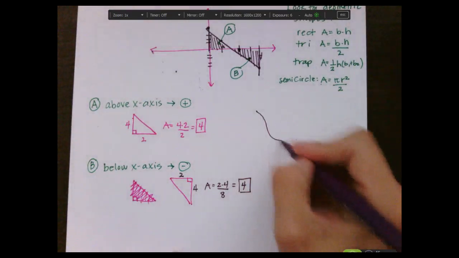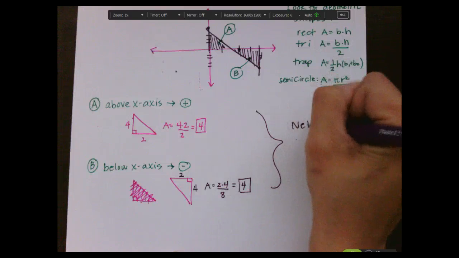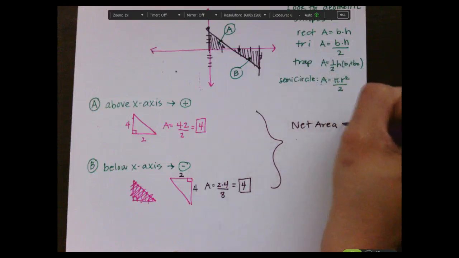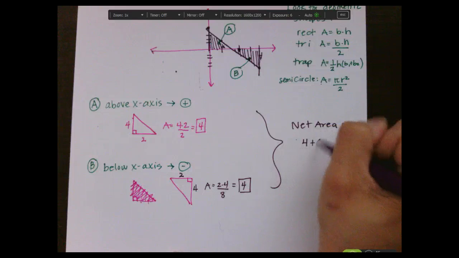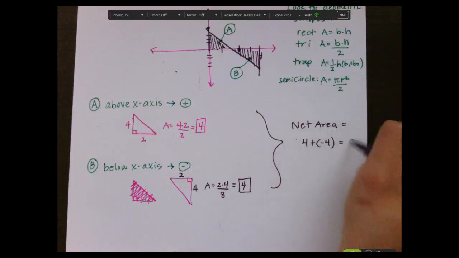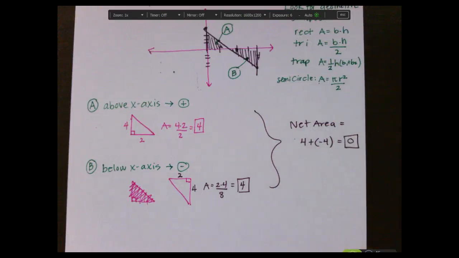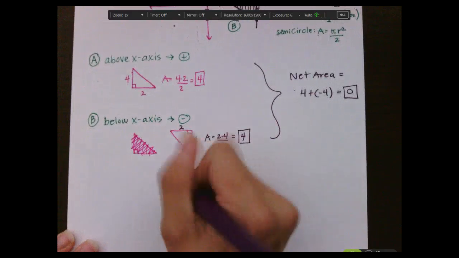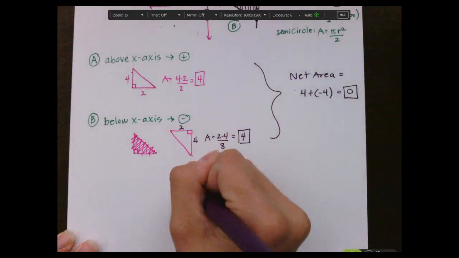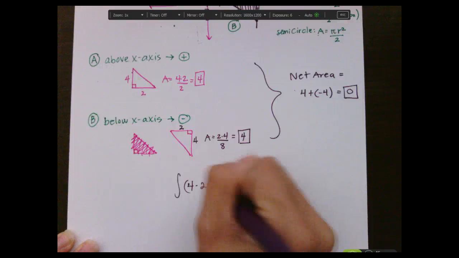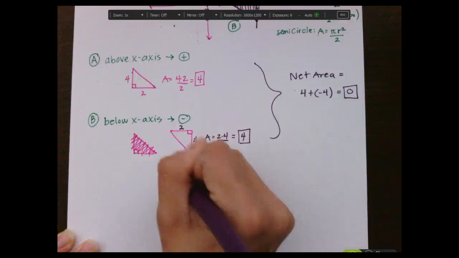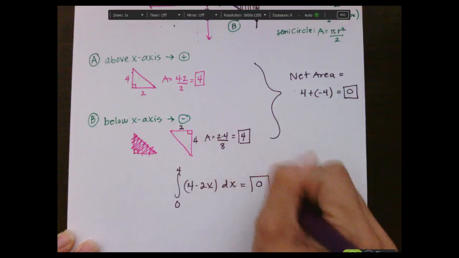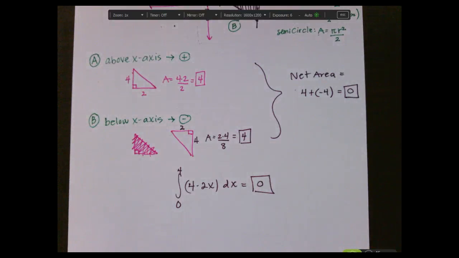So if I take my two regions and I put them together, my net area is going to be 4 plus negative 4, which turns out to be 0. So the actual exact answer for the integral of 4 minus 2x with respect to x from 0 to 4, the correct exact answer is 0.